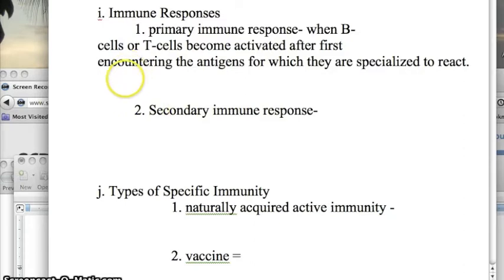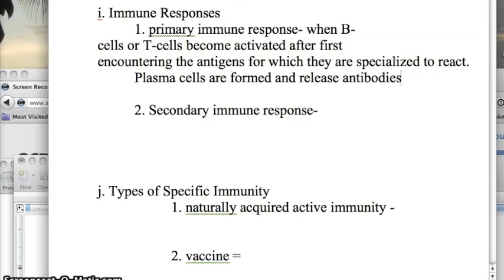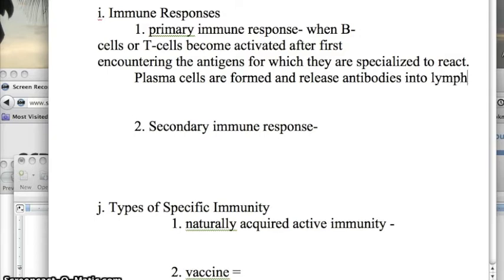So that whole process, plasma cells are formed, release antibodies into the lymph, and the antigen-bearing agents are destroyed.